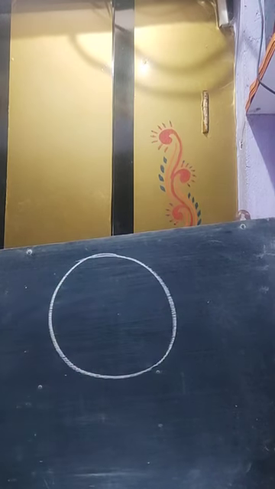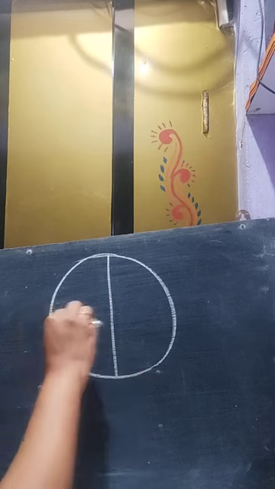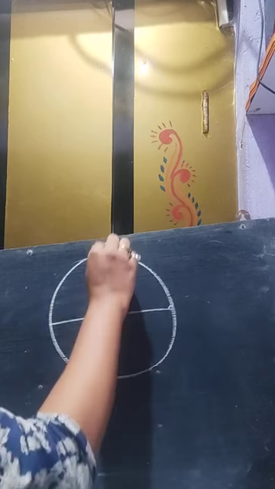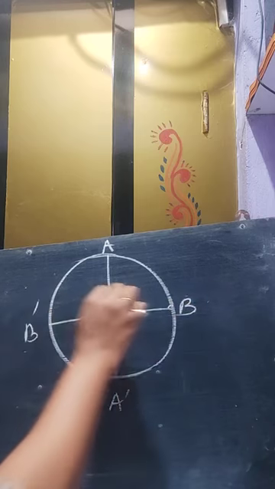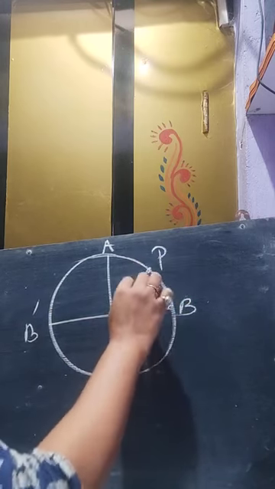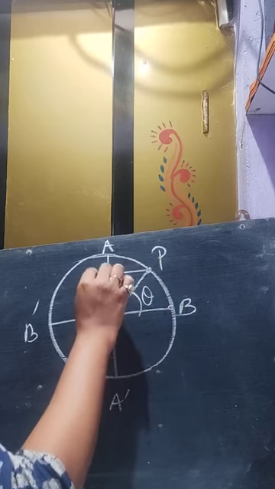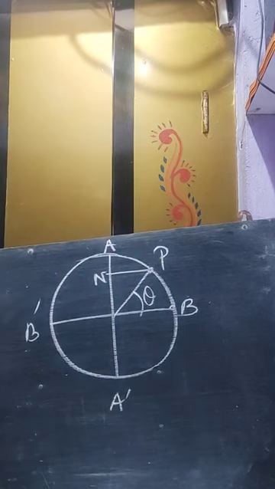According to the previous drawing, I have considered P here. This is the theta and this is the projection N, right?